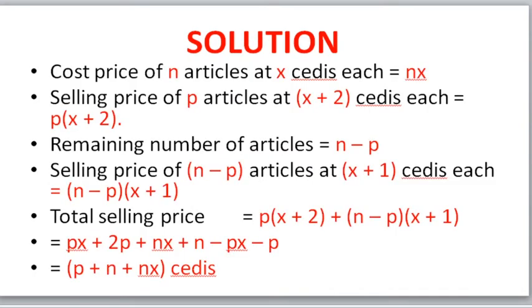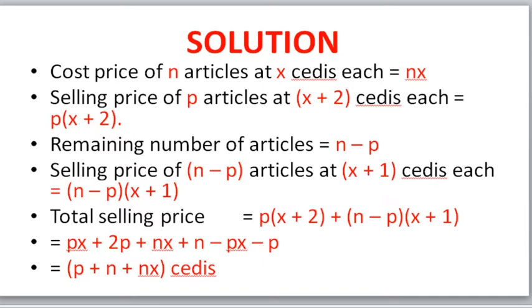Now, looking at the cost price, because they said he bought N articles for S Ghana cedis each, it means that you are going to use our N to multiply our S. That will give us our cost price. So when you use N to multiply S, you should be getting NS, and our NS represents our cost price. So I hope you are okay with the cost price.